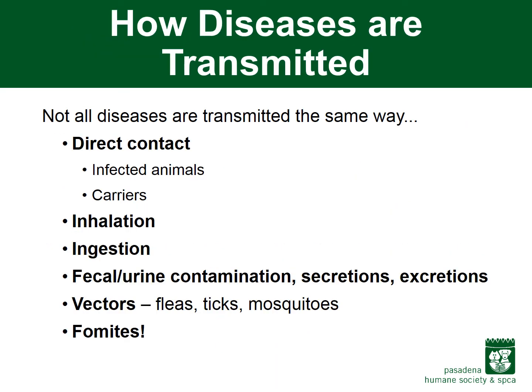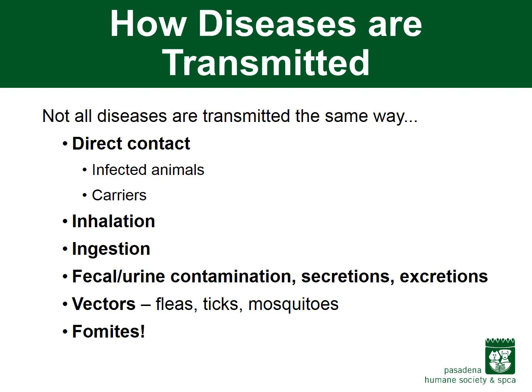How are diseases transmitted? Not all diseases are transmitted the same way. Some diseases are transmitted with direct contact, so coming into direct contact with other animals or carriers, and a carrier can be a human, or it could be another animal. Also inhalation, just like you or I would get the common cold, they can also inhale particles that cause them to become sick.